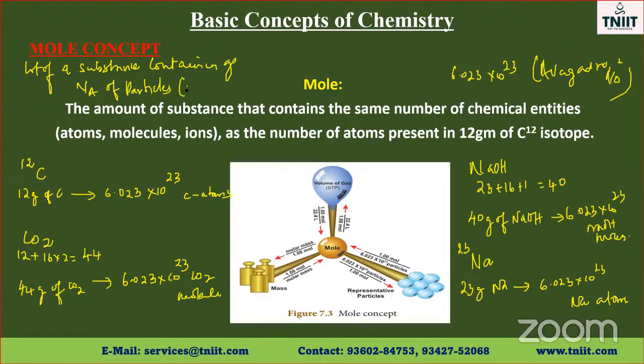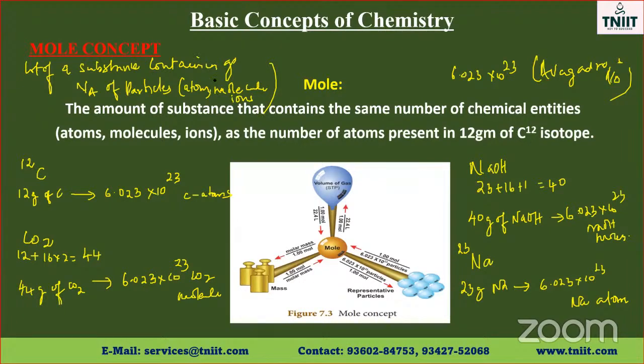Particles can refer to an atom, a molecule, an ion, anything. So a mole is defined as the amount of substance, the weight of a substance, which contains Avogadro's number of atoms, molecules, or ions.